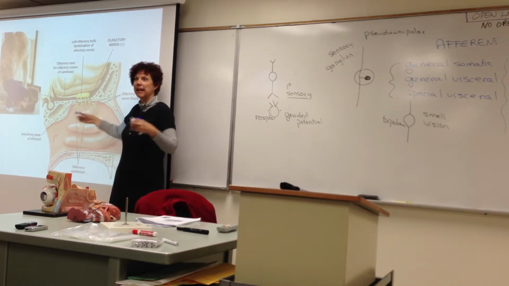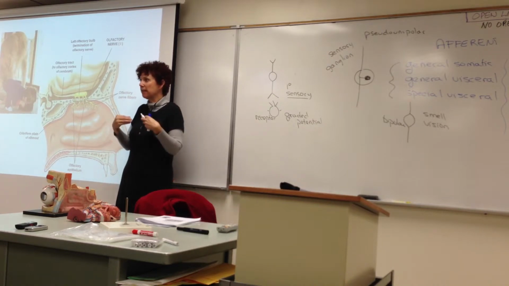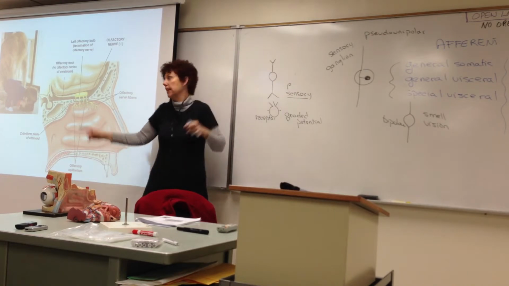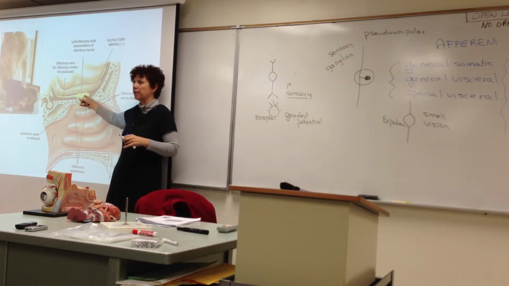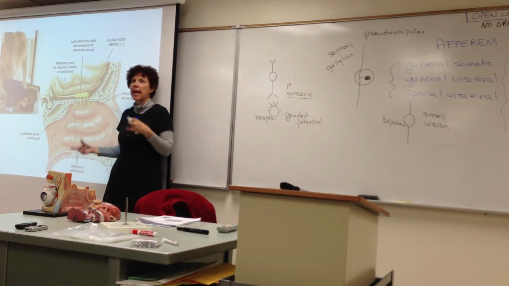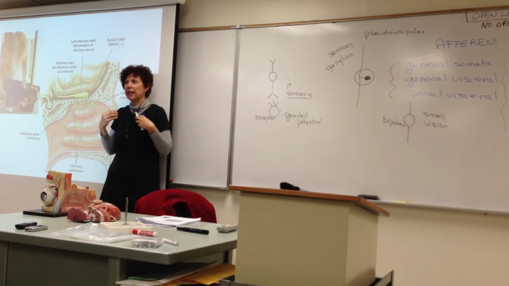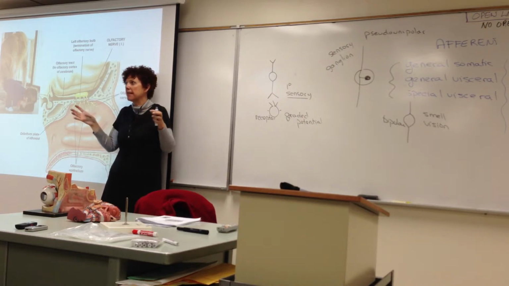Because my spinal nerve is coming into the spinal cord, this is the first neuron in the pathway, and it's synapsing with another neuron in the olfactory bulb. So when we have bipolar neurons, what we're calling the olfactory nerve is really just convenience for us. It's really part and extension, if you will, of the brainstem, covered with dura mater.